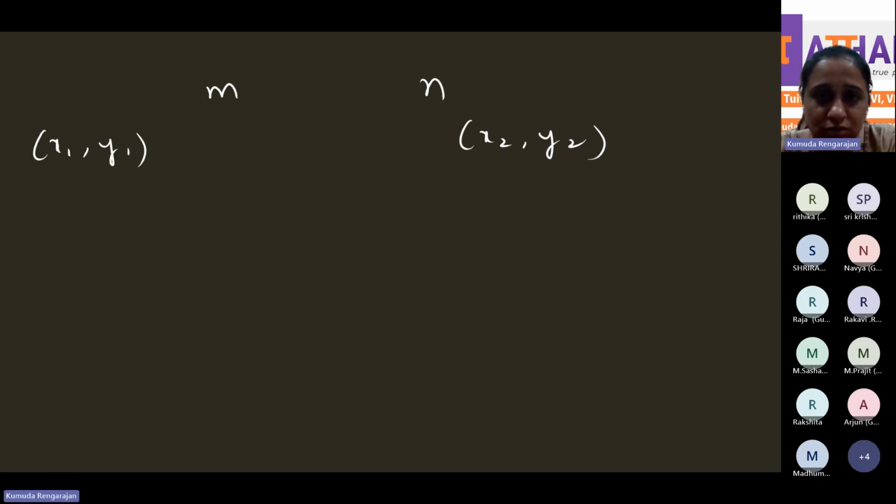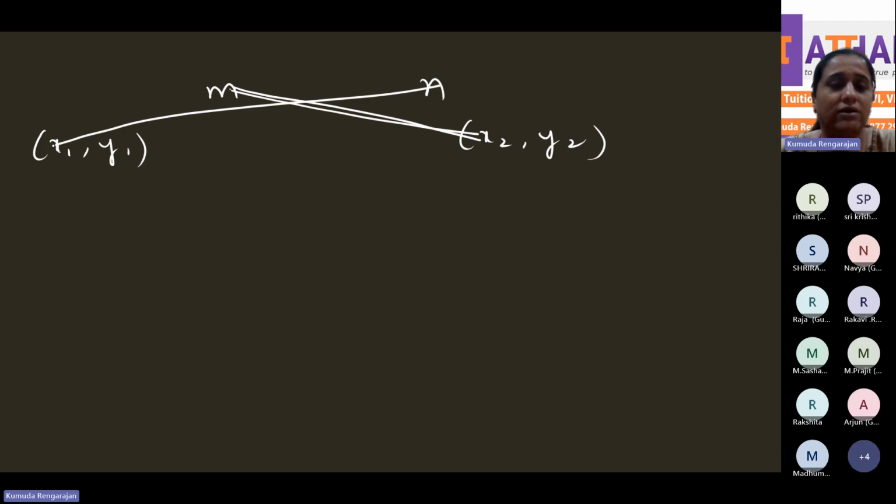And P is a point, so in the Cartesian plane, it has an address of the form x coordinate, comma, y coordinate. So what is the formula to find the x coordinate of this point P? The formula is m x2 plus n x1 divided by m plus n.